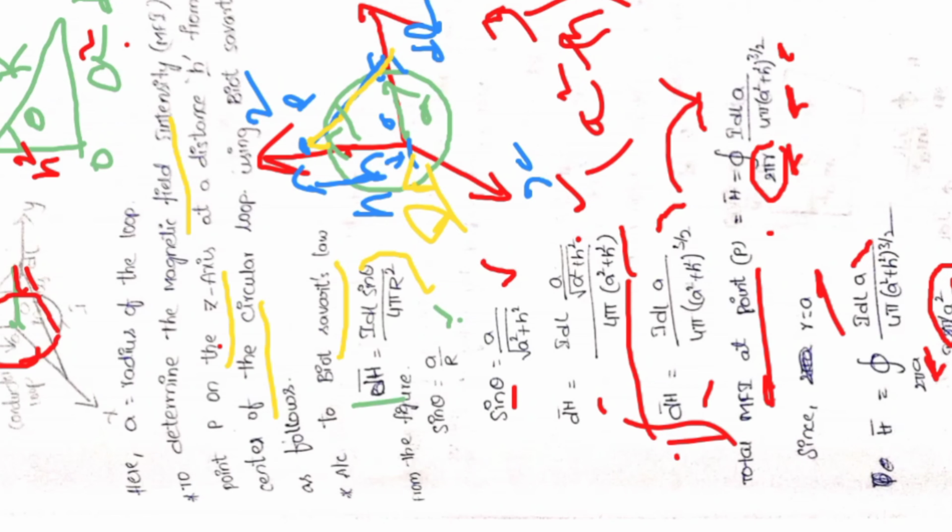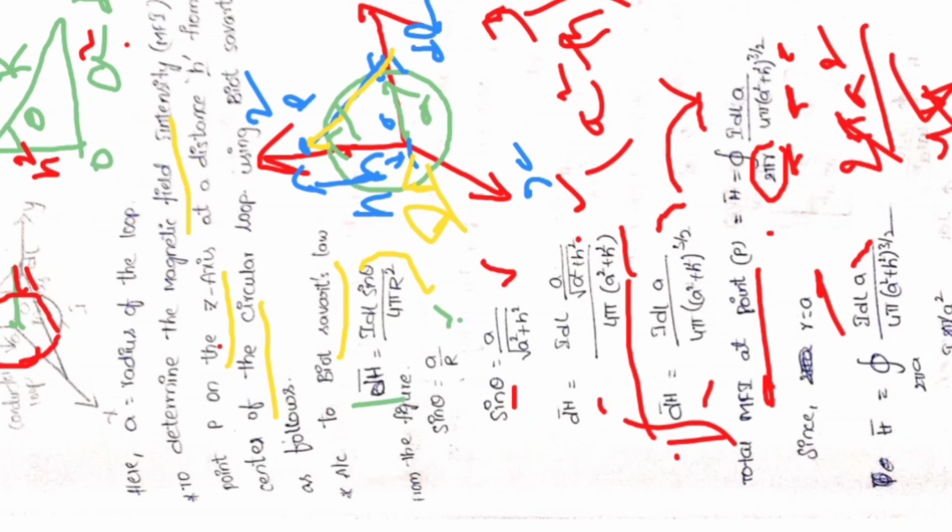After that, 4 pi and 2 pi cancel each other, and pi cancels. Therefore, I a square by 2 into a square plus h square power 3 by 2 will come.